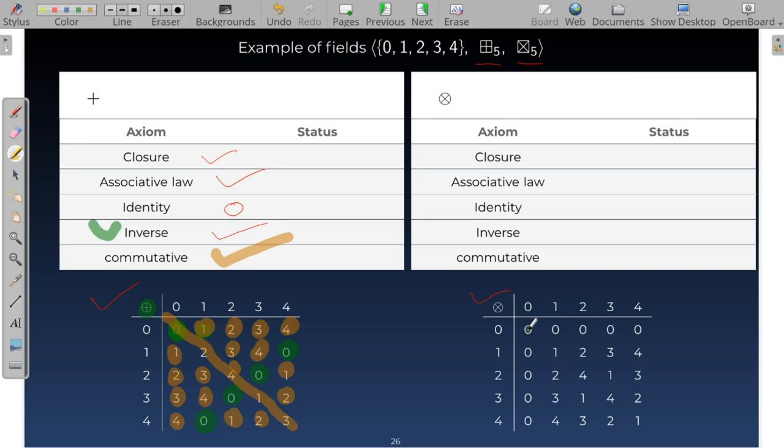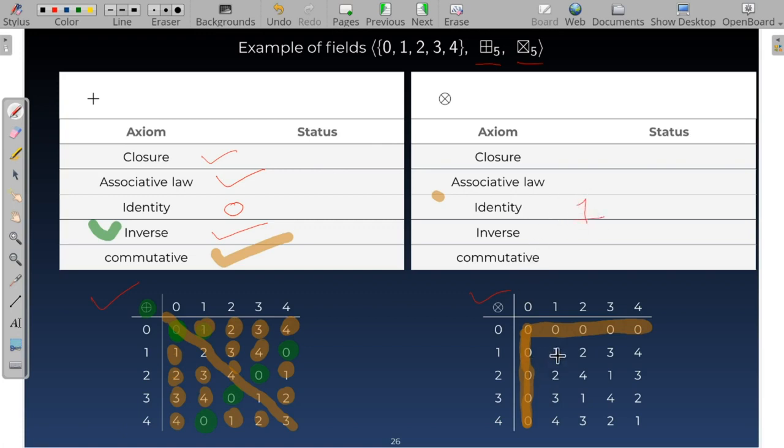Now with respect to multiplication, I have to only look at the non-zero elements. So this 0 element I am only going to cross out. So you can see that 1, 2, 3, 4 is going to be our group. This should form a group, and a commutative group at that. So you can see that the identity with respect to multiplication is always 1.